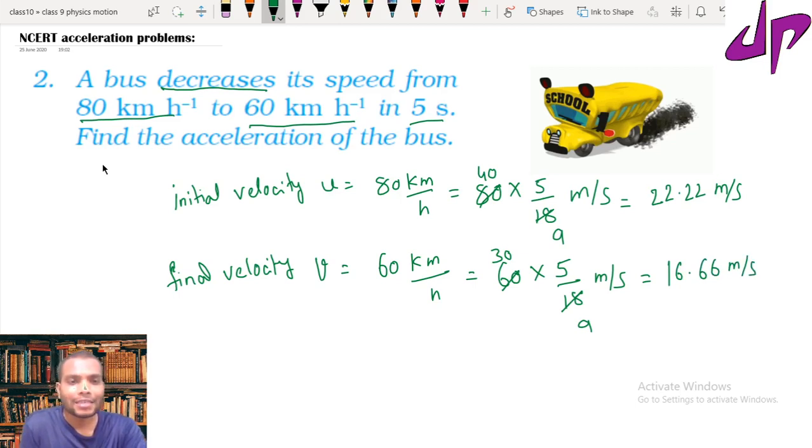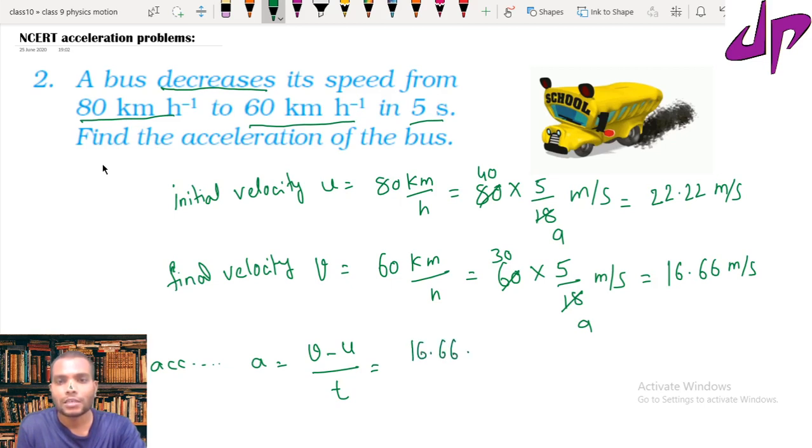Now I will write the acceleration formula. Acceleration a equal to v minus u by t, final velocity minus initial velocity. Here you can substitute the values: the final velocity is 16.66 minus u is 22.22, both in meter per second, divided by time, which is given as 5 seconds.